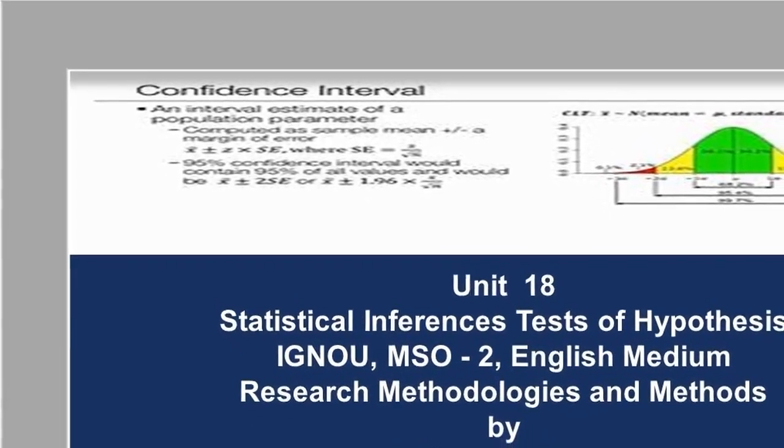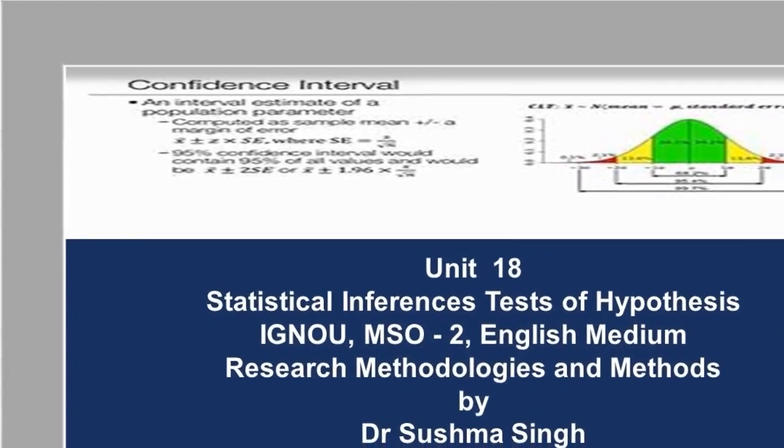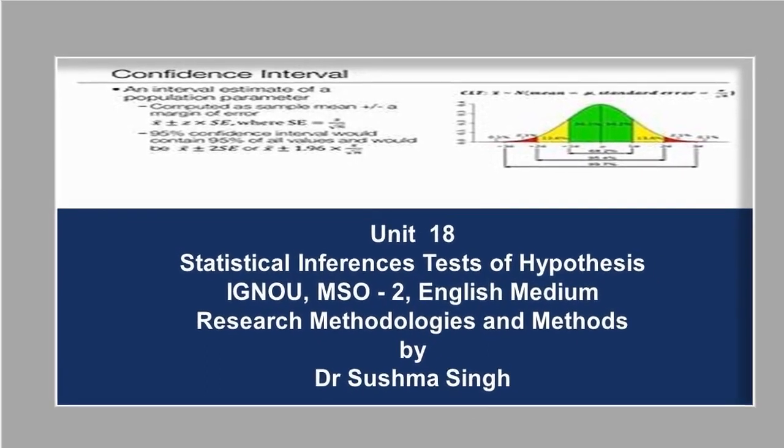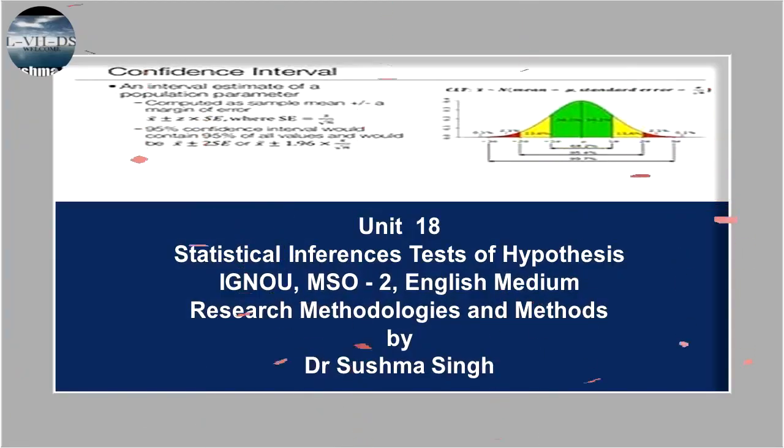Let us start discussion on Unit 18, Statistical Inference Test of Hypothesis. Unit 18 deals with statistical inference, which uses the concept of probability to explain the element of uncertainty in decision making.